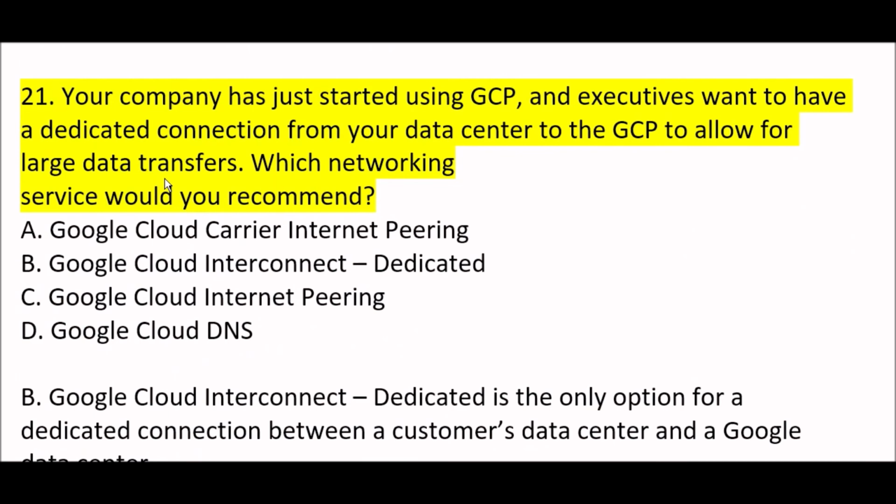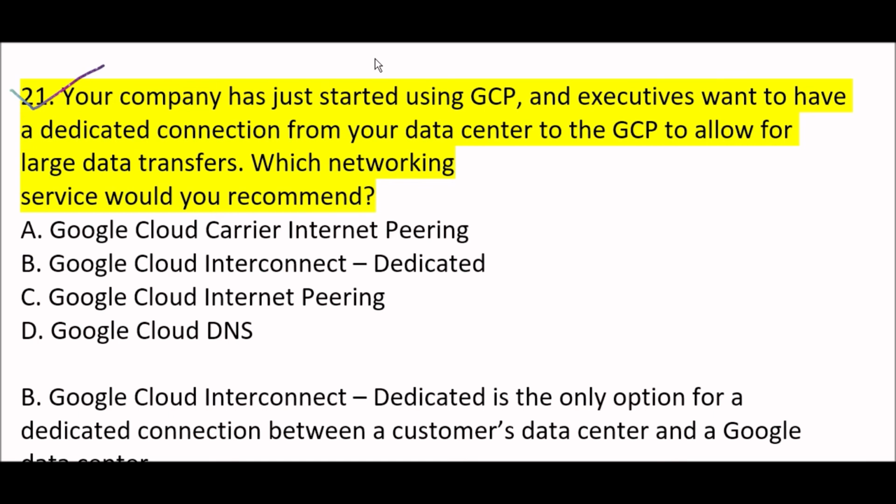Your company has just started using GCP and executives want to have a dedicated connection from your data center to GCP to allow for large data transfers. Which networking service would you recommend? Option A, Google Cloud Carrier Internet Peering. Option B, Google Cloud Interconnect Dedicated. Option C, Google Cloud Internet Peering.